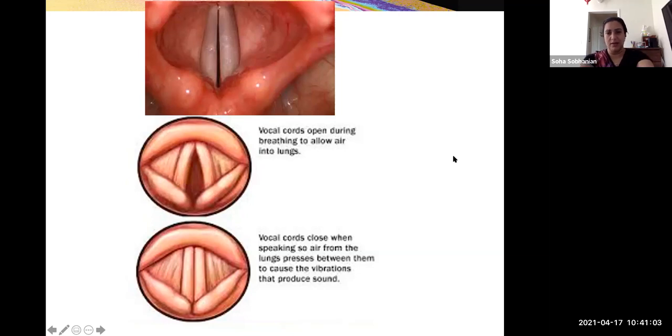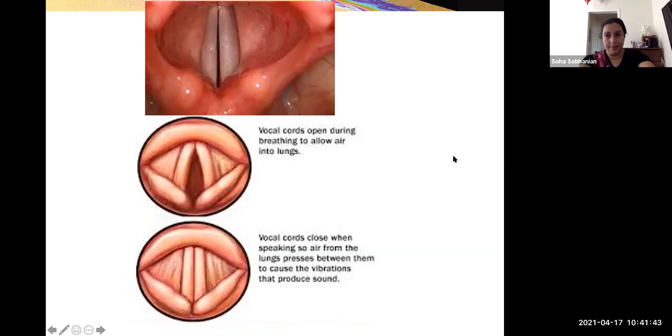The second thing that I talked about is the epiglottis, the little flap. When breathing or talking, the epiglottis is in an open position, which basically means not covering the glottis or larynx, so air can enter or exit the respiratory system.